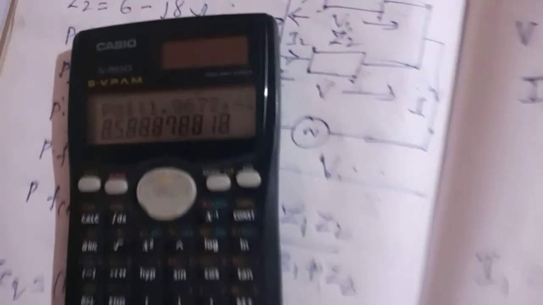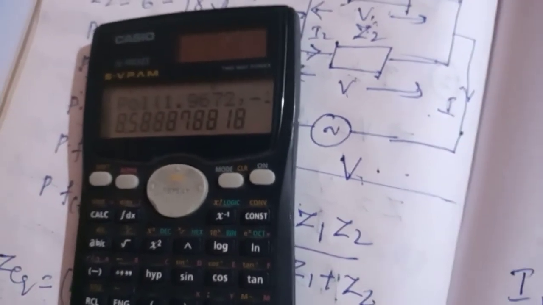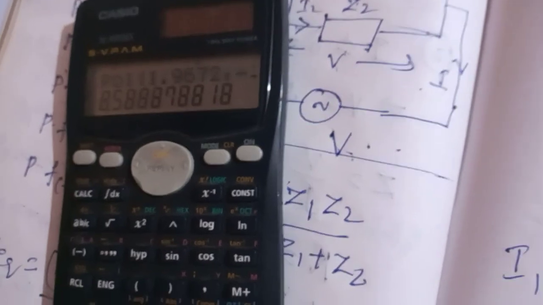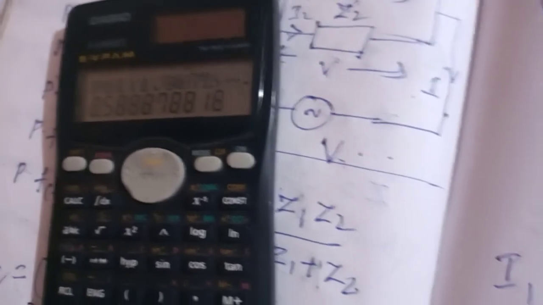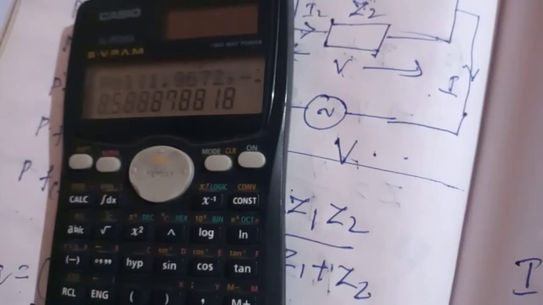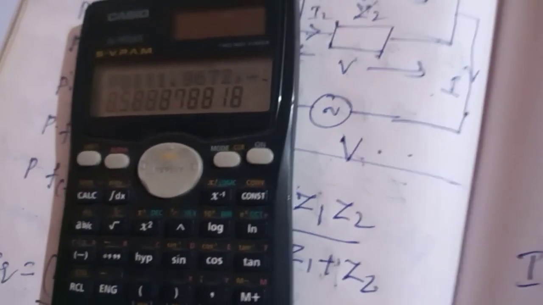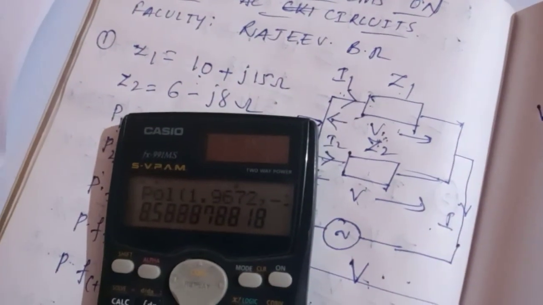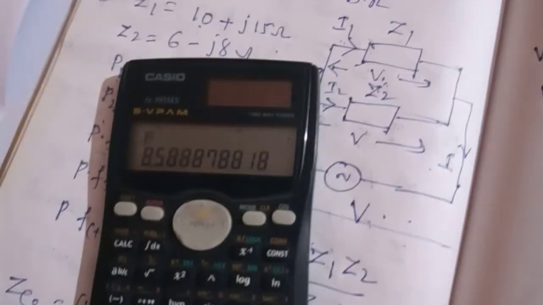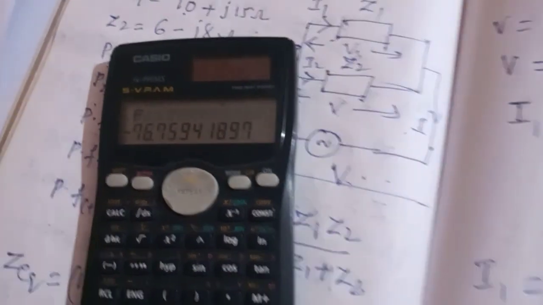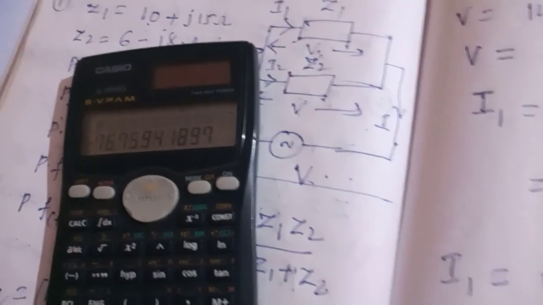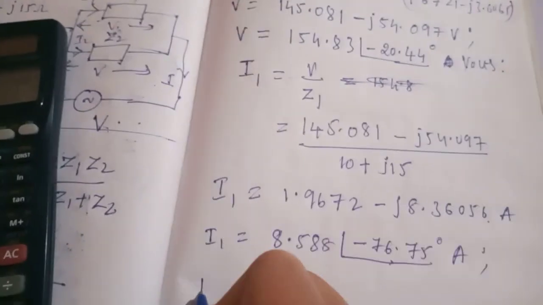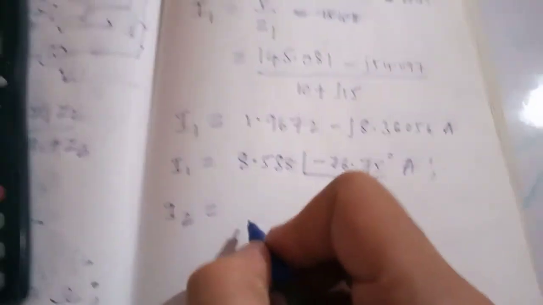So polar form of which is 8.588 at an angle of minus 76.75 degree amperes. Similarly, if you want to calculate I2, it's very simple.